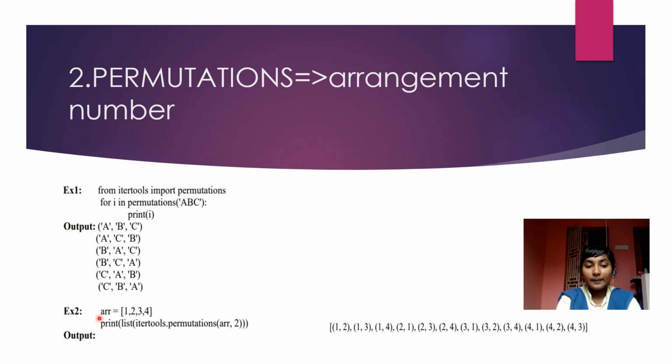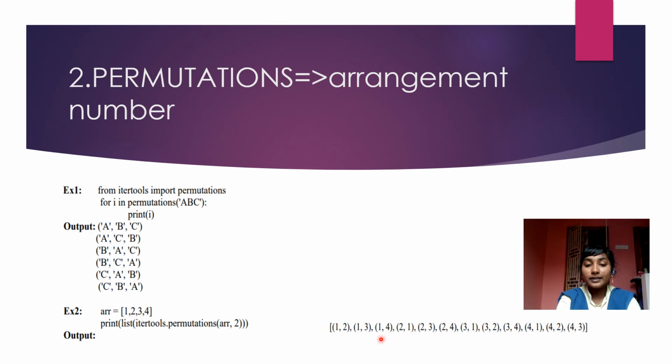Now we are considering the second example. In the second example, we'll consider a list, ARR equal to 1, 2, 3, 4. Here we'll consider a list and then we need to print the permutations. So print list of itertools.permutations of ARR, that is the list, comma 2.